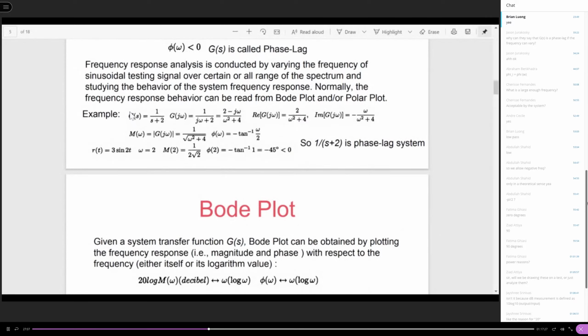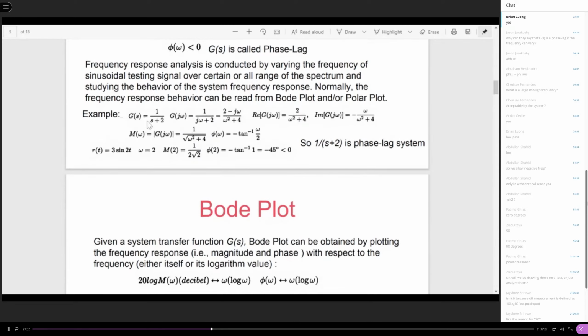You see the example here. Let's say your system is modeled by a 1 over s plus 2 transfer function model. Then G of j omega can be obtained by 1 over j omega plus 2.